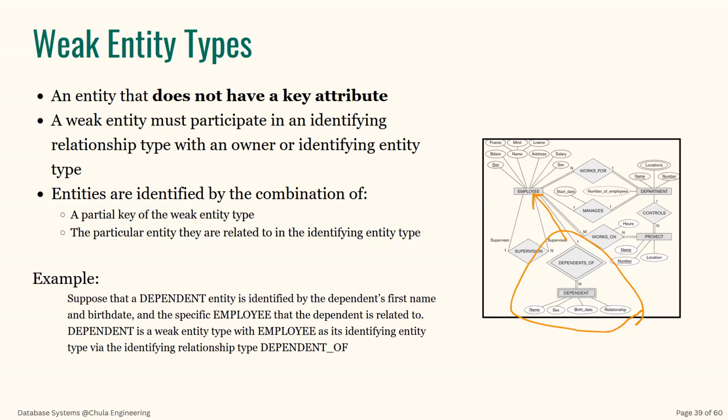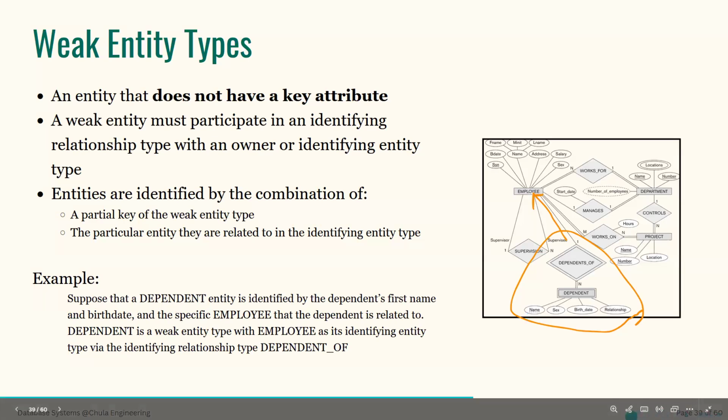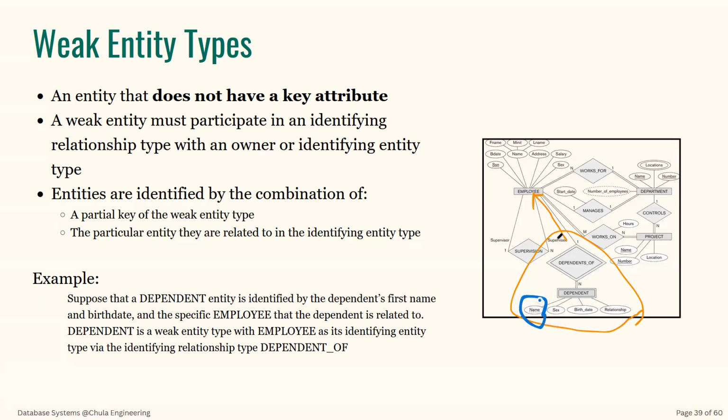So in order to make it a key, we must know this name is related to which employee. Then we assume it can now be unique because for employee, you have social security number, which is unique for sure.